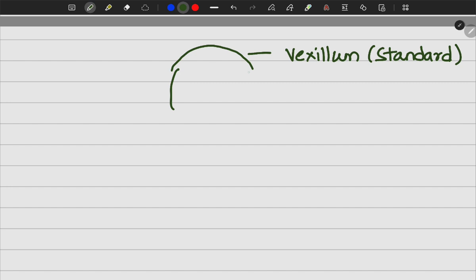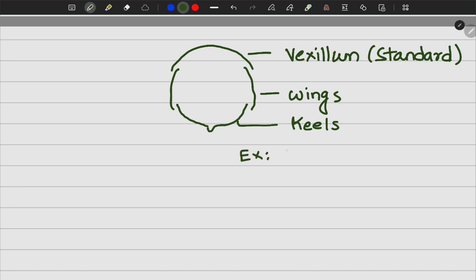Then there are 2 lateral wings and then 2 anterior keels, right? And this type of aestivation is called vexillary aestivation. Example we studied was of pea.